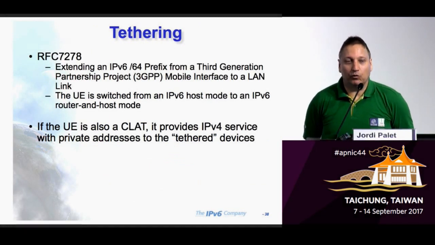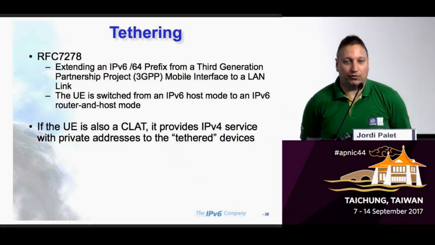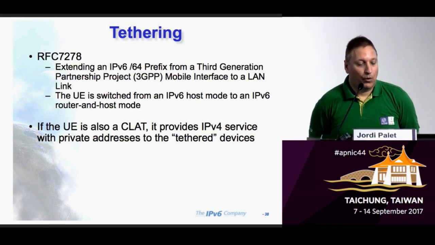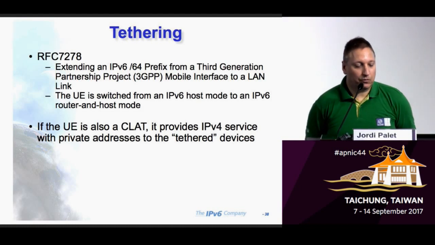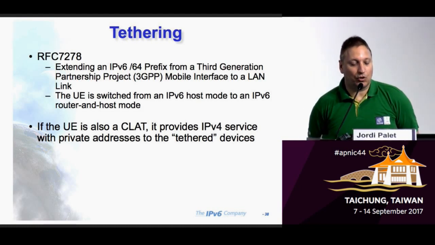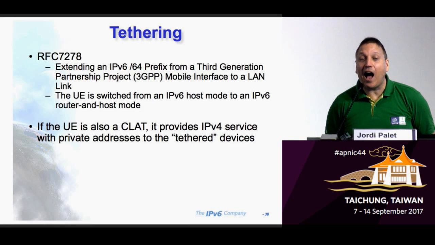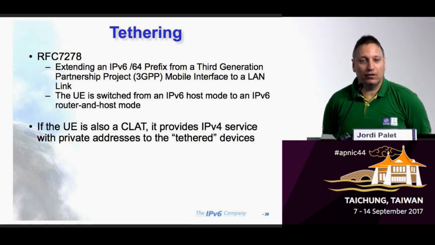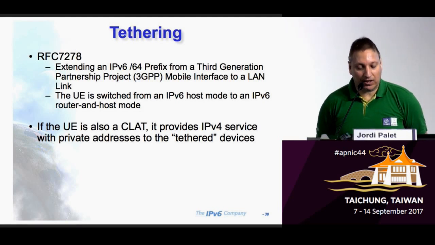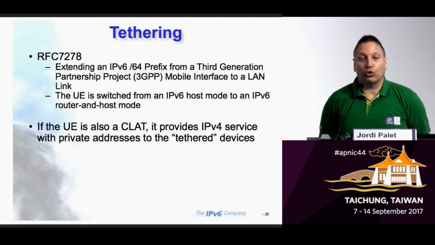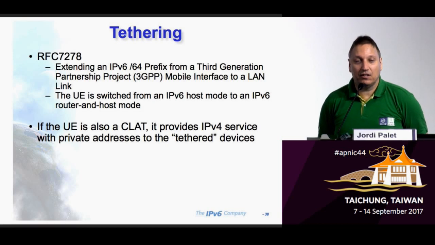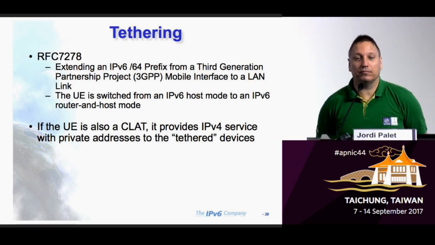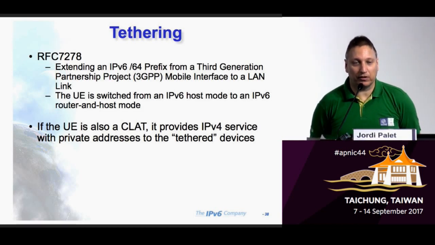Now, if we do a single /64, how do we do tethering? There is another IETF document, which is RFC 7278, which explains how you can extend the /64 that you get in the PDP context to the rest of the devices in a LAN network hanging off the smartphone, the cellular device.